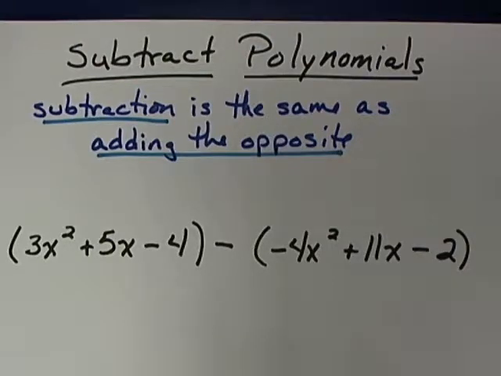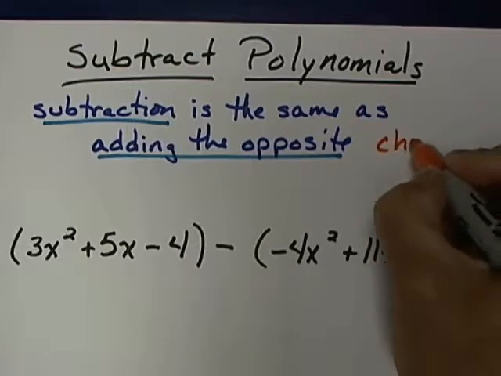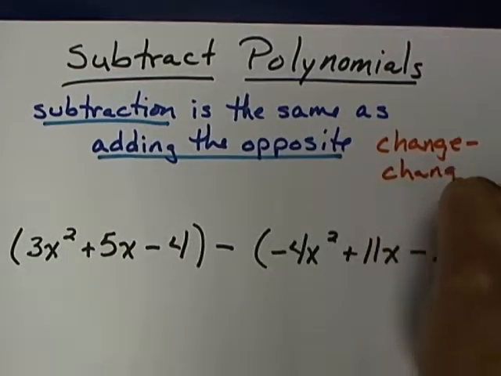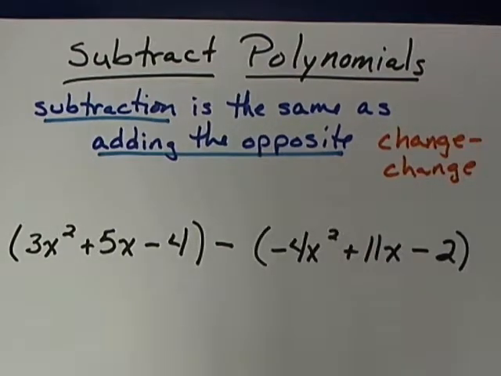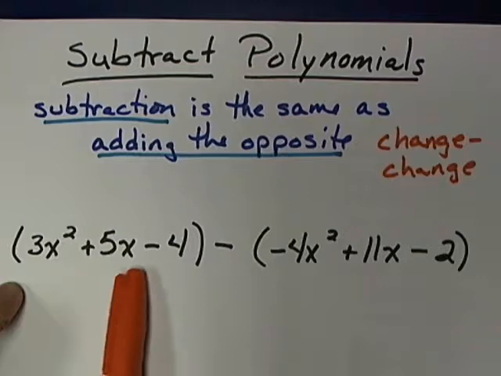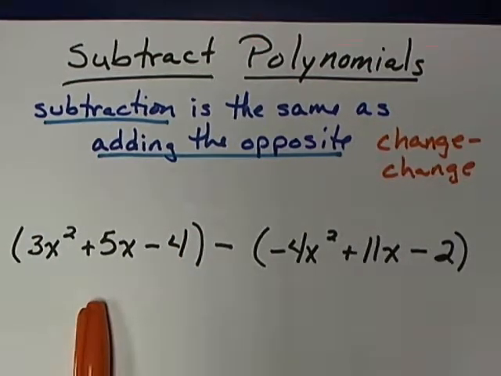To subtract polynomials, we need to remember that subtraction is the same thing as adding the opposite. We like to call that change. So you see in this example, we have 3x squared plus 5x minus 4. Once again, that's in parentheses, indicating that that's the first polynomial.